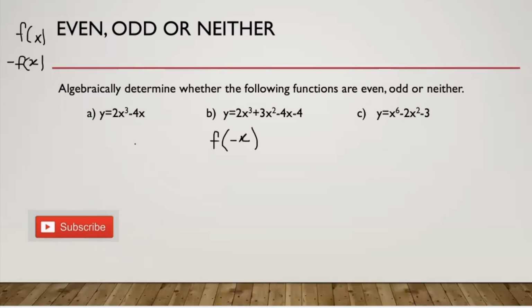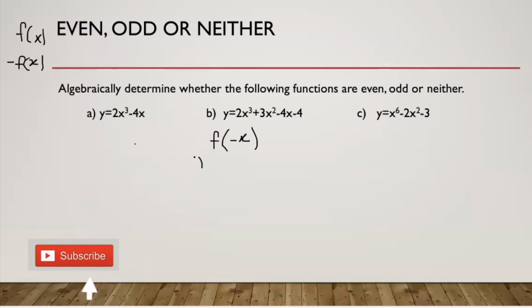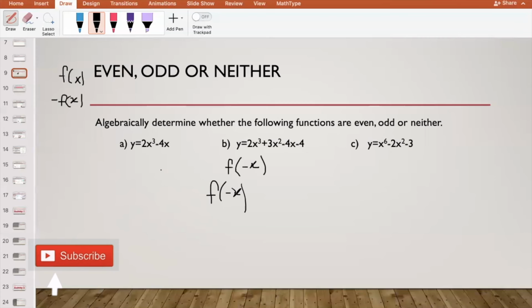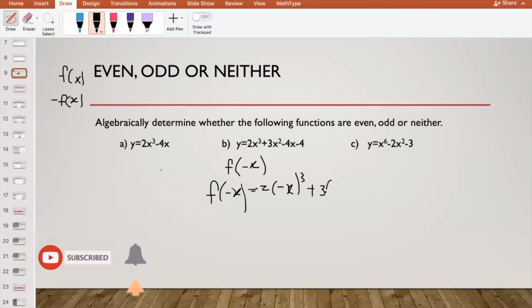So substituting where I see x, I will have f of minus x. f of minus x is equal to, replacing this x with negative x, 2 open bracket minus x cubed, then plus 3 open bracket minus x, all squared, minus 4 open bracket minus x, minus 4.